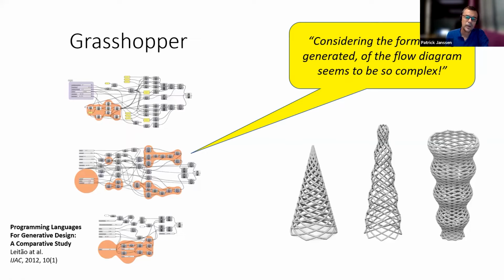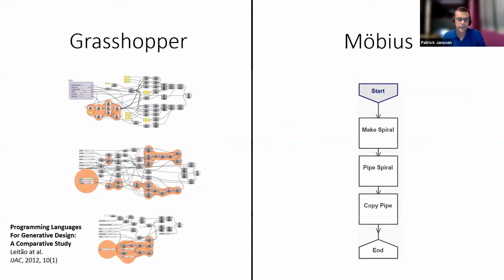So our starting point was to figure out whether there is a way that we can make it more structured and easier to understand. Really, this was our goal at the time: is there a way that we can break this down into a much larger flow?